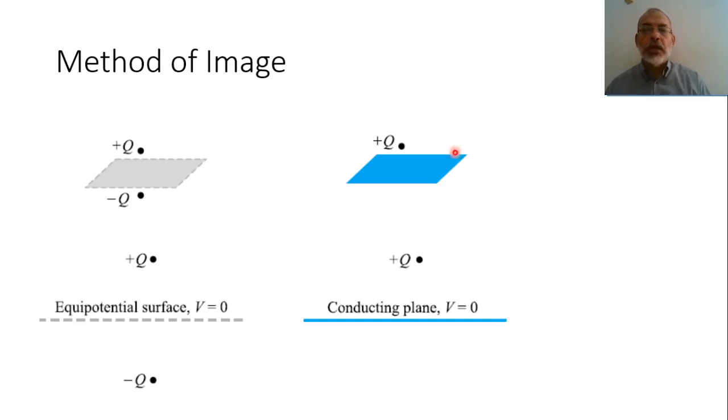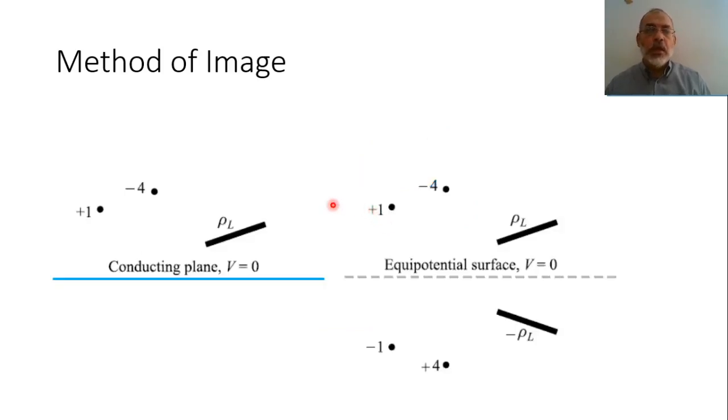Actually, we can generalize this method for any other charge distribution. As an example, a positive charge of one coulomb above a conducting plane is equivalent to an imaginary equipotential surface with positive 1 and negative 1.